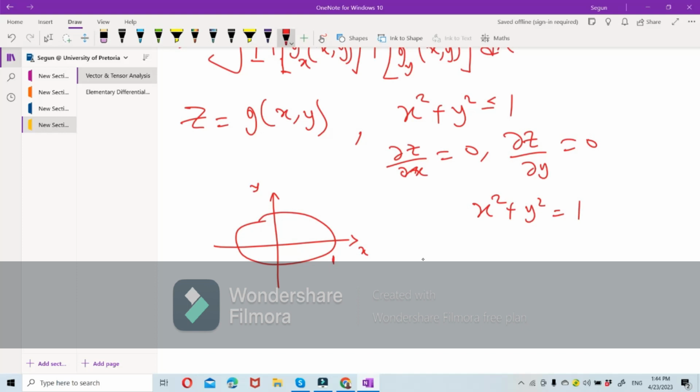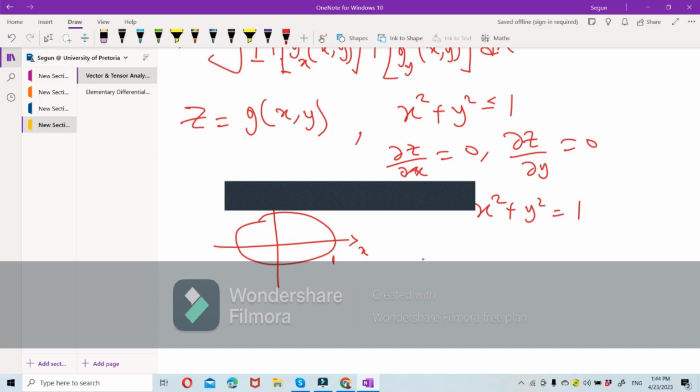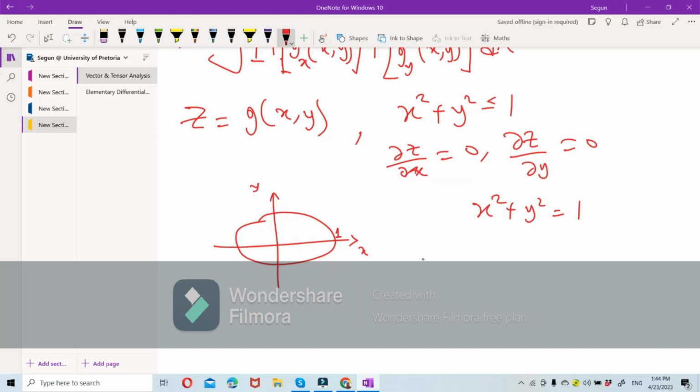It simply means I can rewrite this by saying y squared is equal to 1 minus x squared. Then my y is equal to the square root of what? 1 minus x squared, plus or minus, don't forget. Plus or minus the square root of 1 minus x squared.